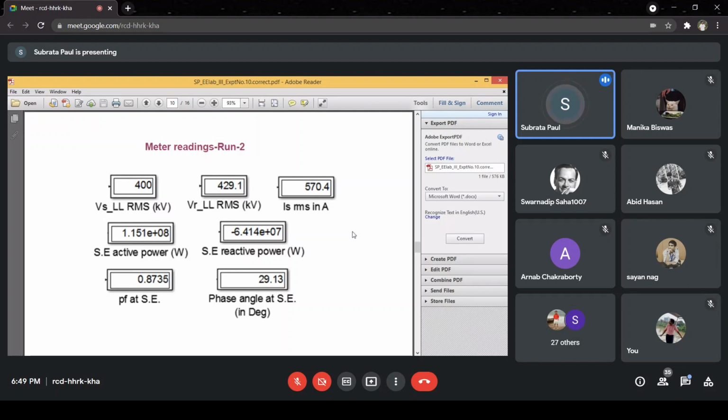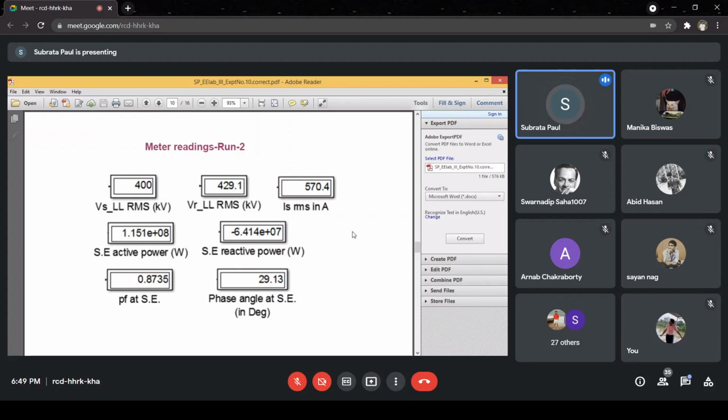Then where will that excess VAR go? VAR cannot vanish. The excess VAR generated by the shunt element of the line should be consumed somewhere.